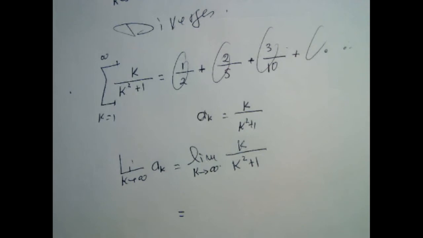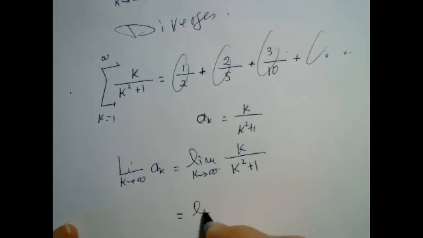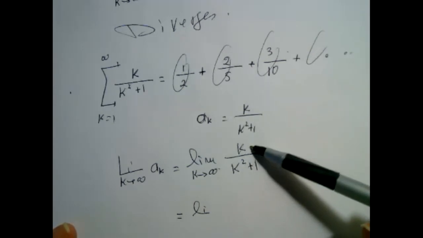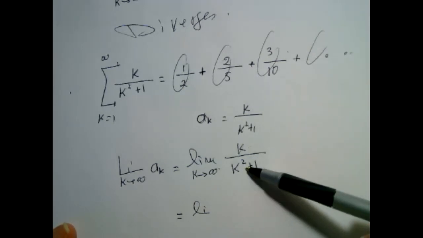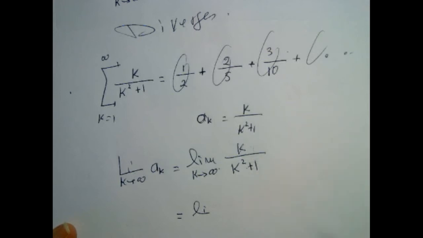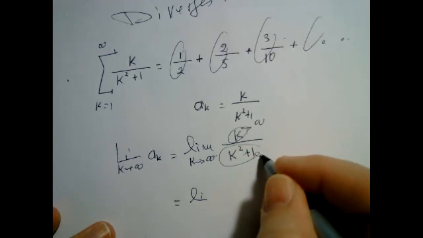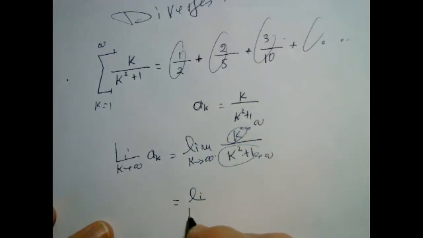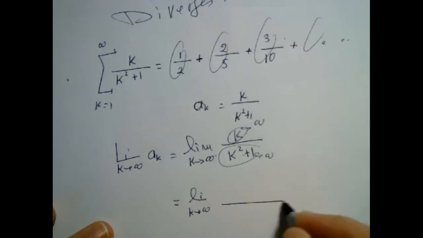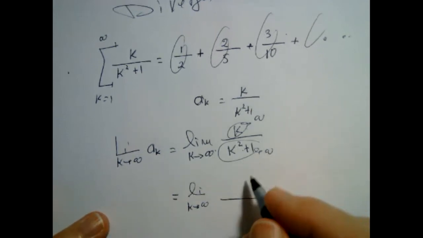Zero, because when k goes to infinity, the numerator is almost k and the denominator is almost k squared, so you'll have like 1 over k. Or we can divide by k to the highest power, so we can divide by k squared, numerator and denominator.